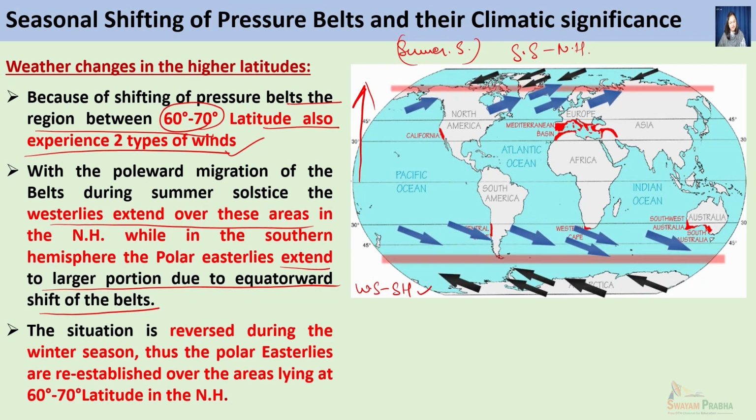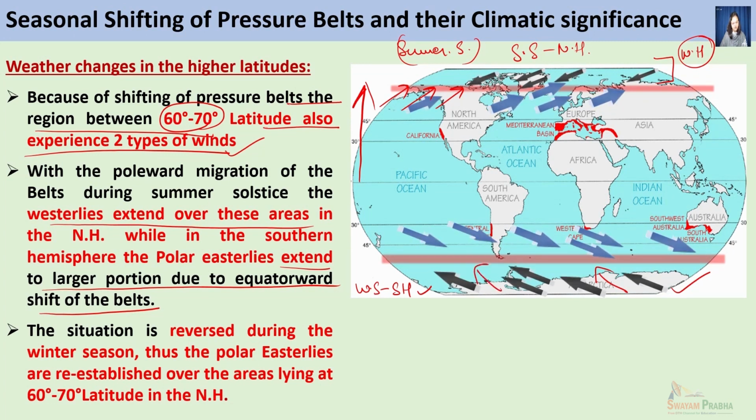So during this time period, the westerlies blow over large portions in these latitudes, and the polar easterlies in the northern hemisphere are squeezed to small regions in the higher latitudes. And opposite to this, the polar easterlies are quite extensive in the southern hemisphere because of the prevailing winter conditions and because of the equatorward shift of the pressure belts as the result of the apparent northward movement of the sun during the summer season in the northern hemisphere.